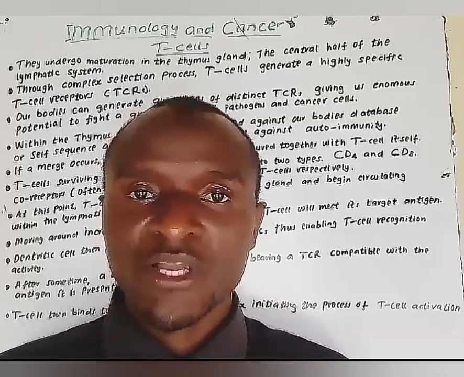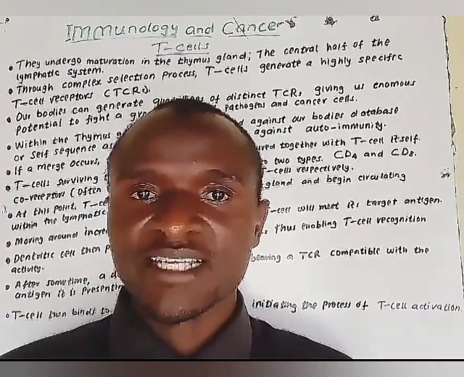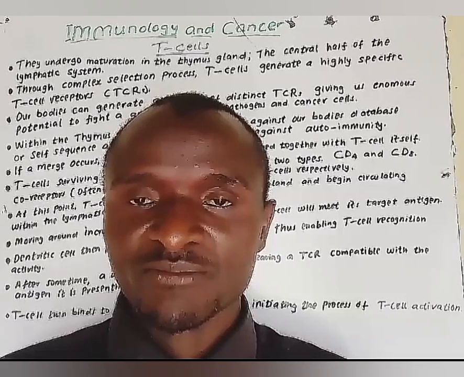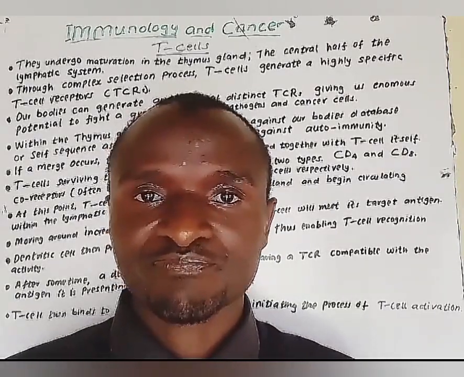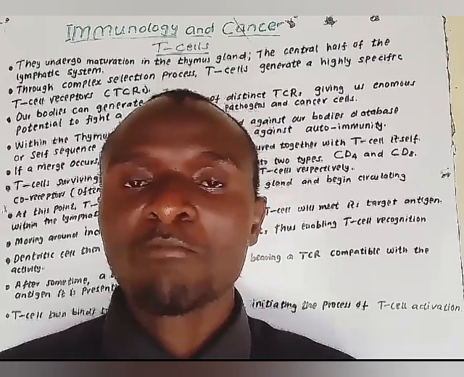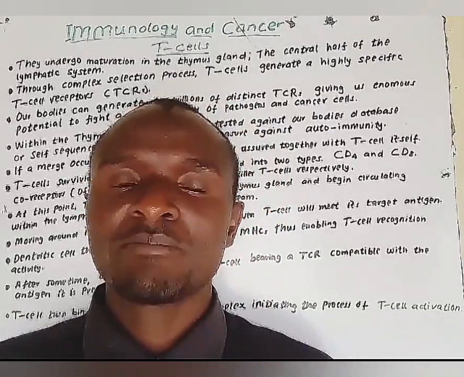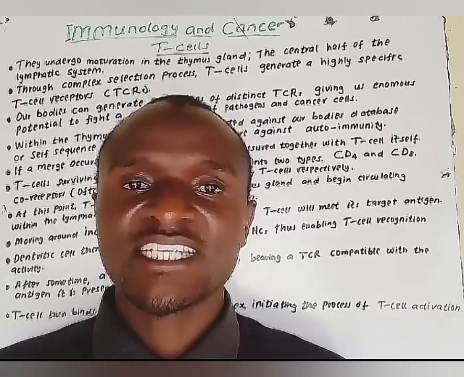At this point, T cells are ready to exit the thymus gland and begin circulating within the blood circulatory system and the lymphatic system. Moving around increases the probability that a T cell will meet its target antigen.